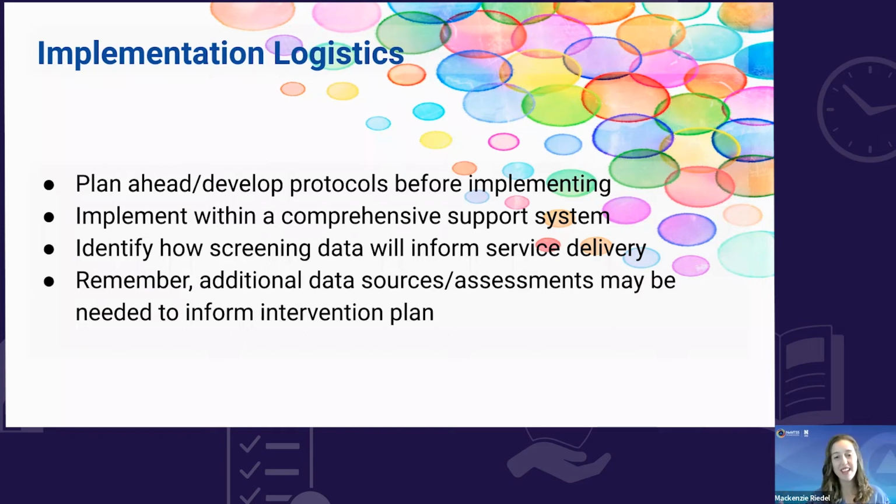And going hand in hand with meeting different needs, you want to think about identifying how your screening data will inform your service delivery, thinking about your current data and what you have, what this new information will provide, and how you will be using this information to help identify needs and then intervene to meet those unmet needs.